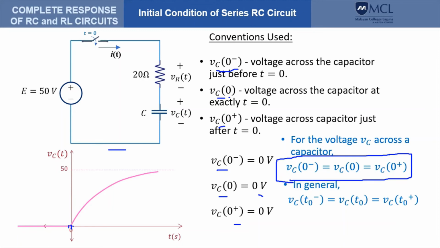So let's say the time there is t sub 0. In general, we could write this where again t sub 0 is the time where changes are applied.